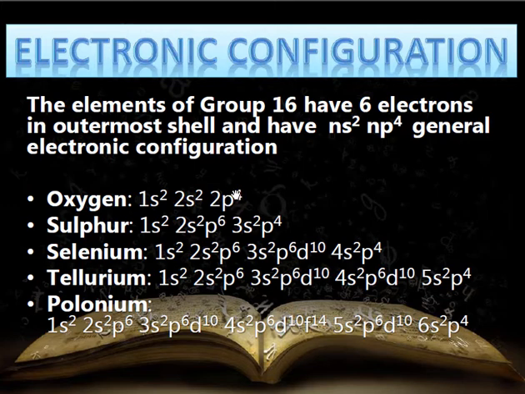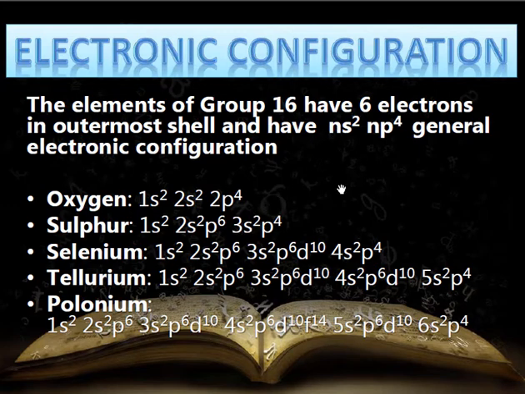Now again, I am talking about group 16 of the p block, not about the whole p block. For sulfur you can see 3s2 and 3p4, where 3 is the number of n.